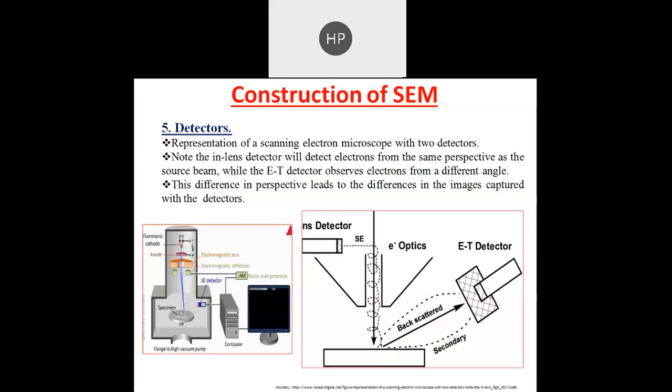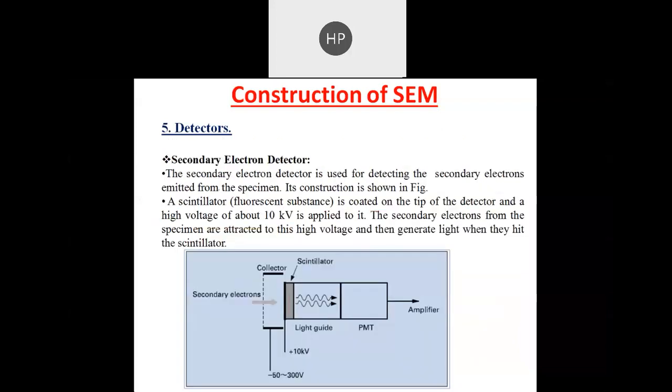There are certain detectors fixed into the sample chamber, and from them we get some form of signal, which is converted into an image. So you can see this is the specimen chamber, which is completely under vacuum, and here is the sample detector, which is connected to the computer, and from that we can get the image. And how the secondary electron detector works, we have already discussed in our previous lecture.